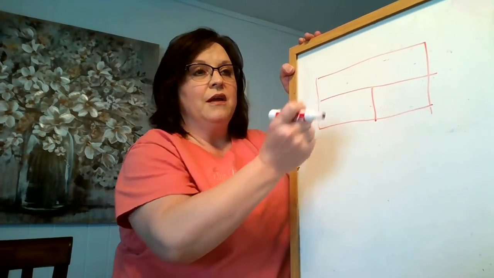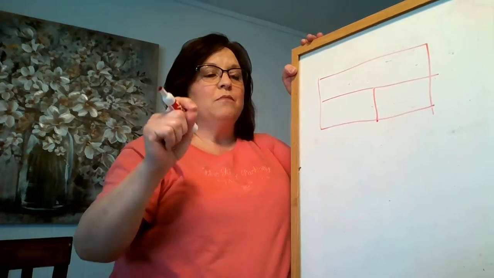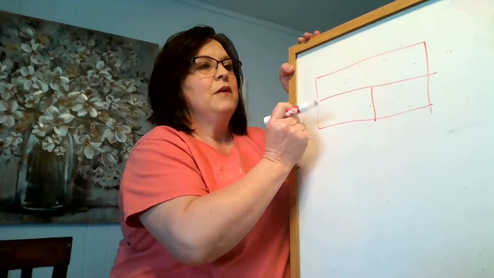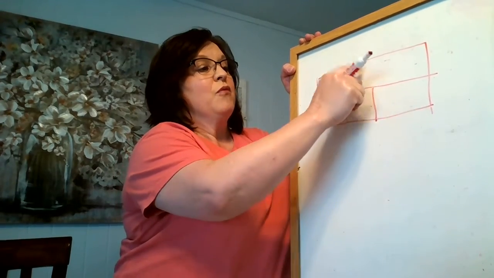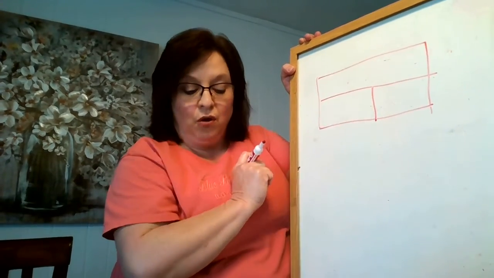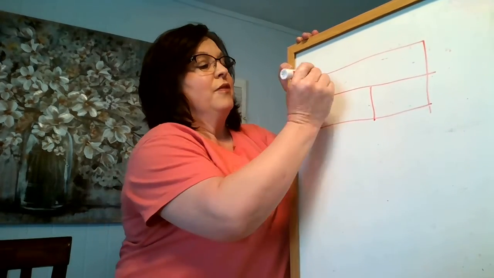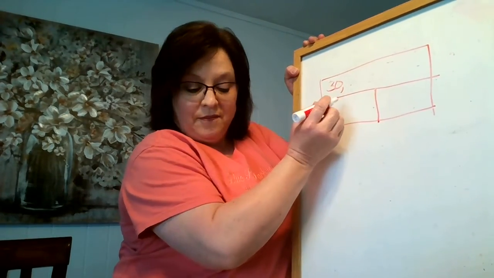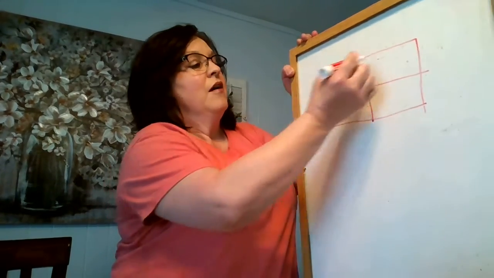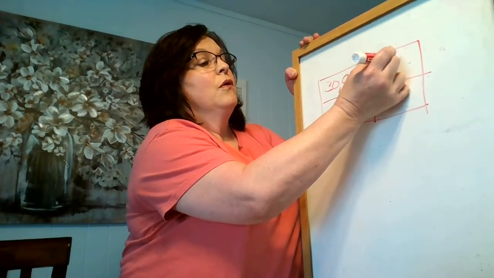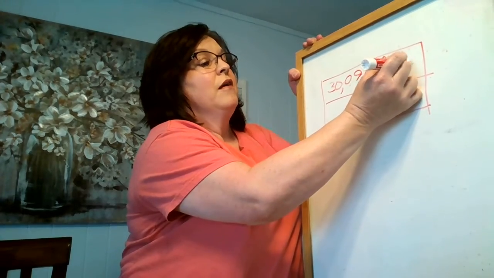If we were using little cubes, we could match them up so we would know that these cubes put together would make this cube. So think of this as like our cubes. We're going to put our big number on the top. That's 30,090, and that was fans on the first Saturday.